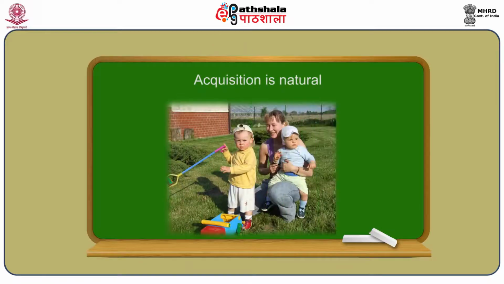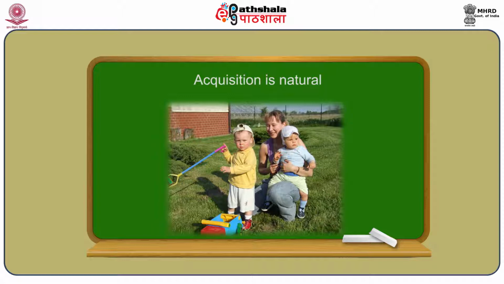Now, acquisition is something that you naturally acquire. Nobody teaches you how to see, nobody teaches you how to breathe, nobody teaches you how to eat or walk. You acquire them. You just acquire them automatically.